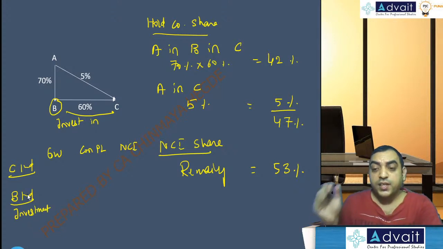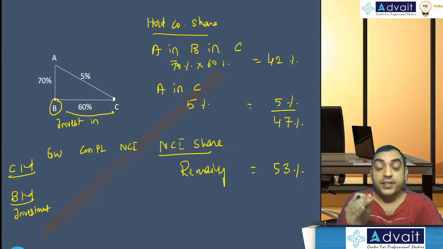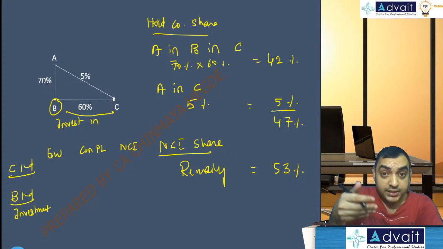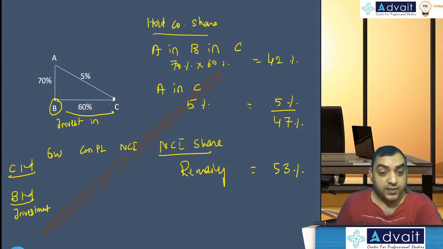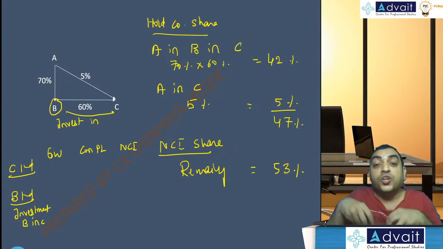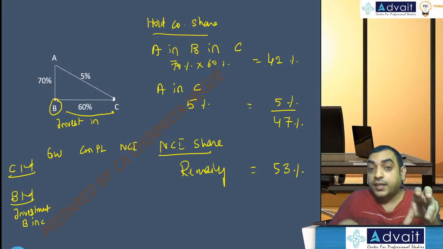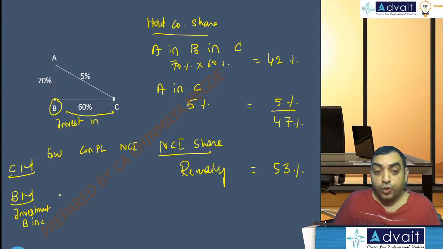Focus here, my dear friends. B Limited's investment, that is the intermediary holding company's investment, that is B in C, the investment of B in C, you should allocate among its shareholders. Who are the owners of B Limited? A Limited and NCI. Therefore, one portion will go to the goodwill calculation and one portion goes to NCI.